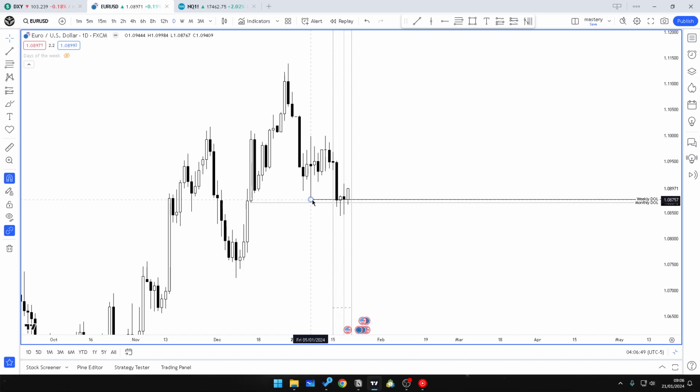So you want to place yourself in places where you have a high chance of winning. And when you have a weekly drawn liquidity and a monthly drawn liquidity, you are in a very high probability trade. Same thing if you are in a day, and that day is likely to trade into a daily drawn liquidity, a weekly, and a monthly.